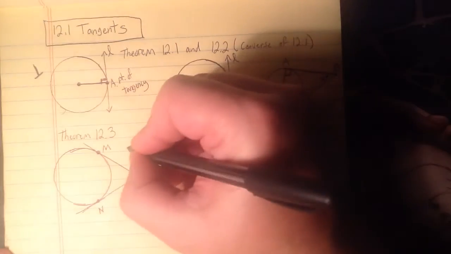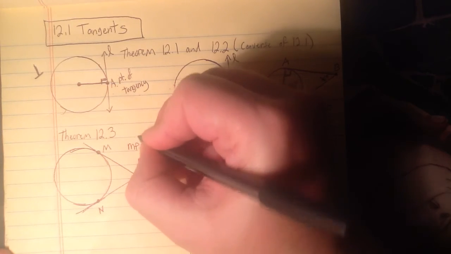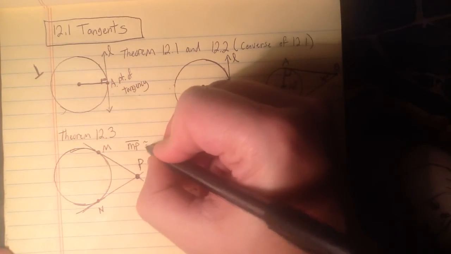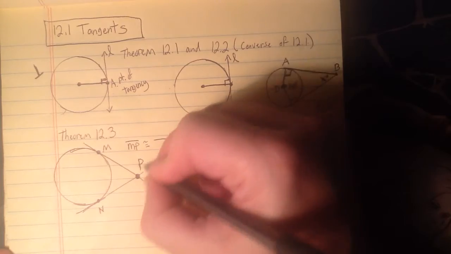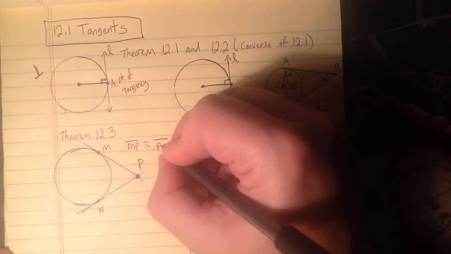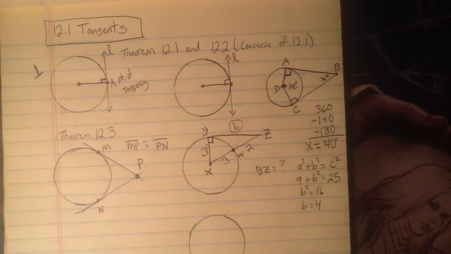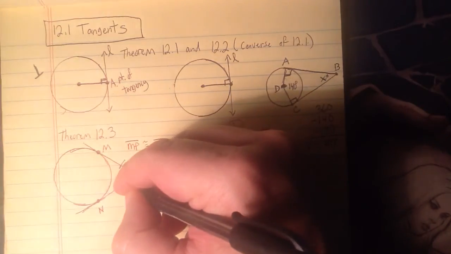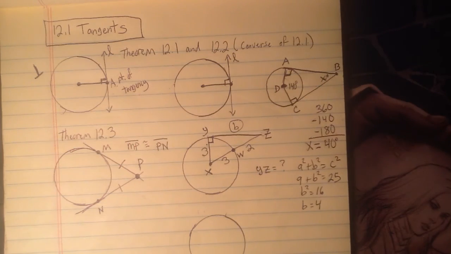In other words, MP is going to be congruent to the segment PN. So if that distance is the same as that distance, they're congruent.